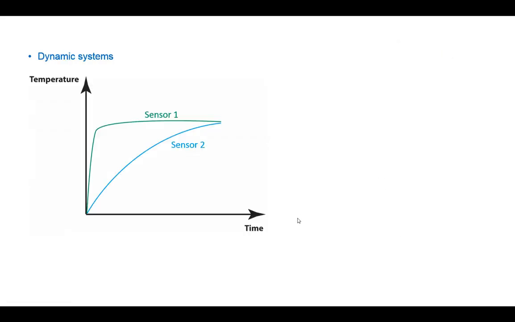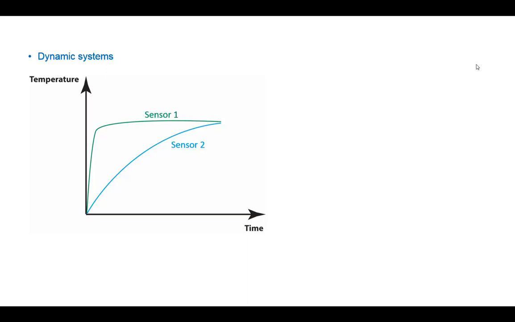Another criterion to compare different sensors is how fast they respond to the change in the environment. As an example, imagine we are going to measure the temperature change in a combustion chamber where everything happens in less than 1 second and temperature goes up from 20 degrees Celsius to 200 degrees Celsius.